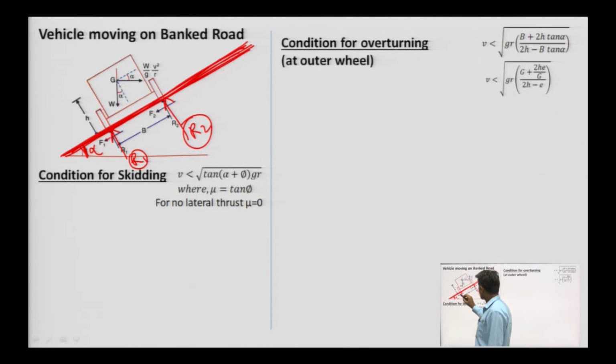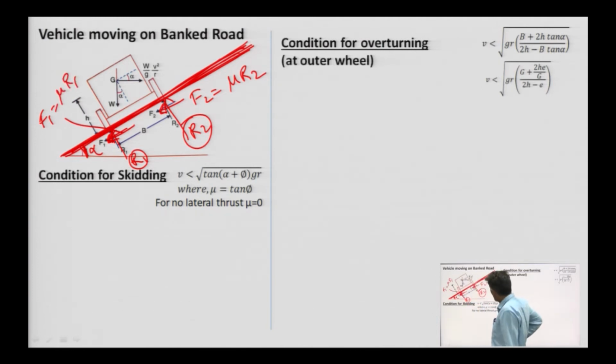the friction forces F1 and F2 will be mu into R2, reaction R2, and F1 is mu into R1. So, this one component is the weight component, and that component is due to centripetal acceleration.